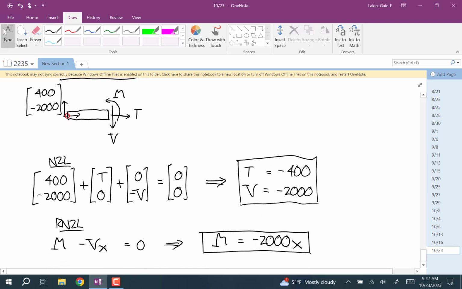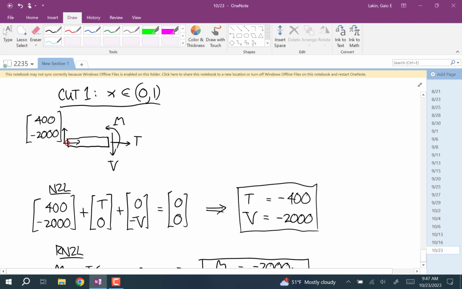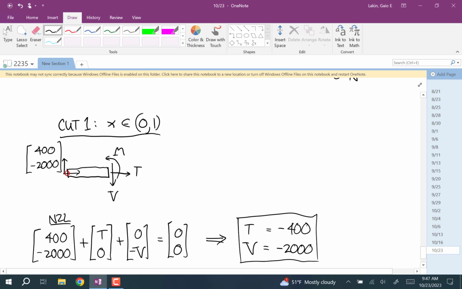Any questions about cut 1? Can we go through the rotational Newton's second law? Yeah. No moments for that about point for the forces at the left. T, the line of action goes through the about point, so nothing for T. Then you add on the couple. And then this thing has a length of x, so its moment arm is x.